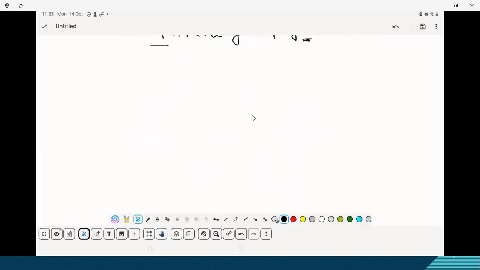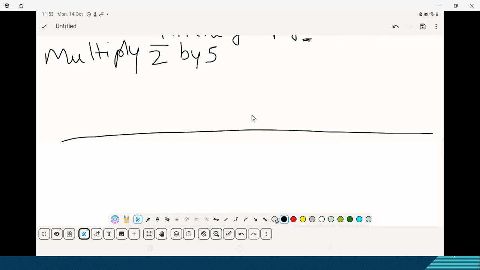Suppose we have to multiply 2 by 5. So the first step is to draw the number line.